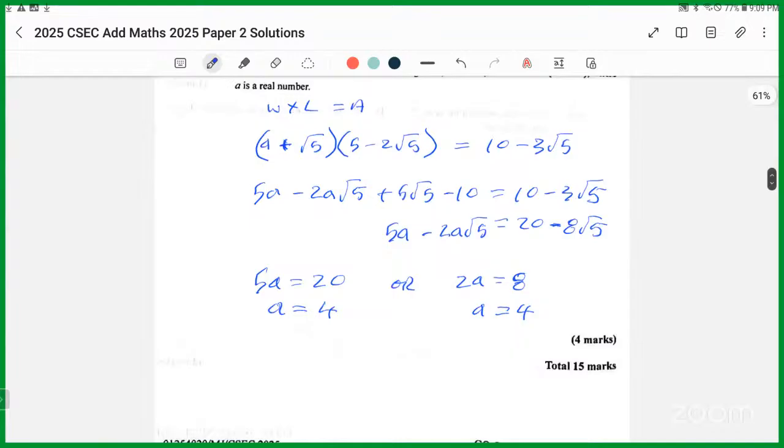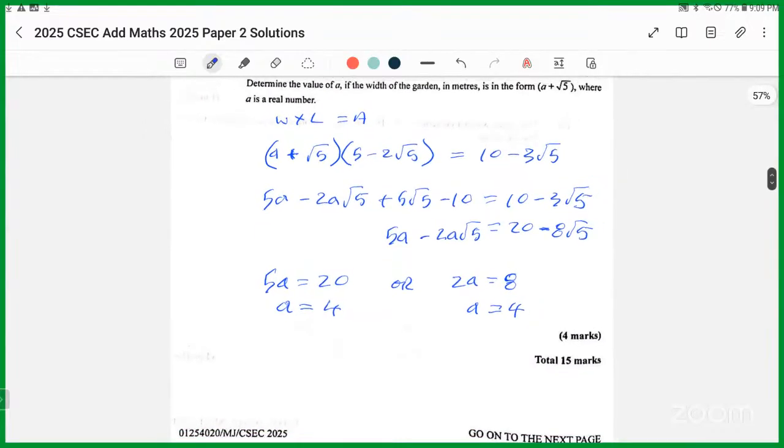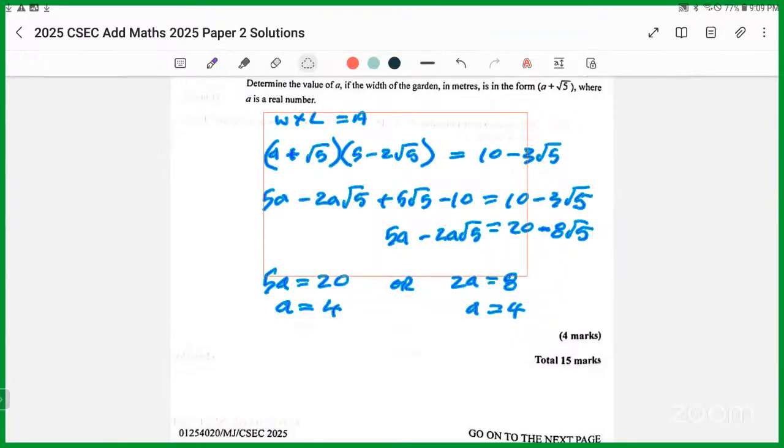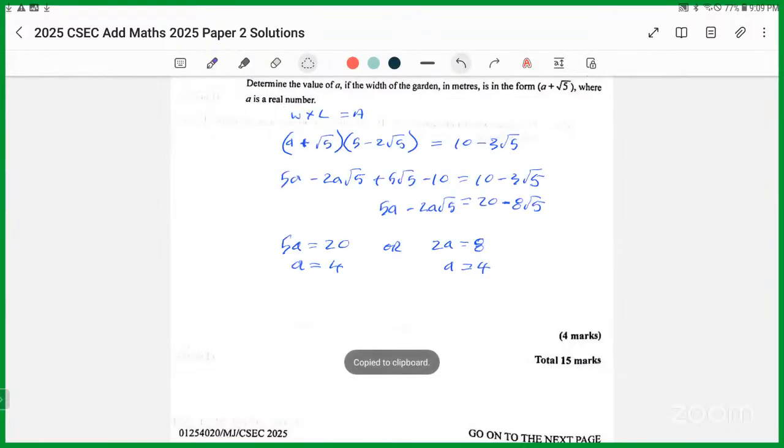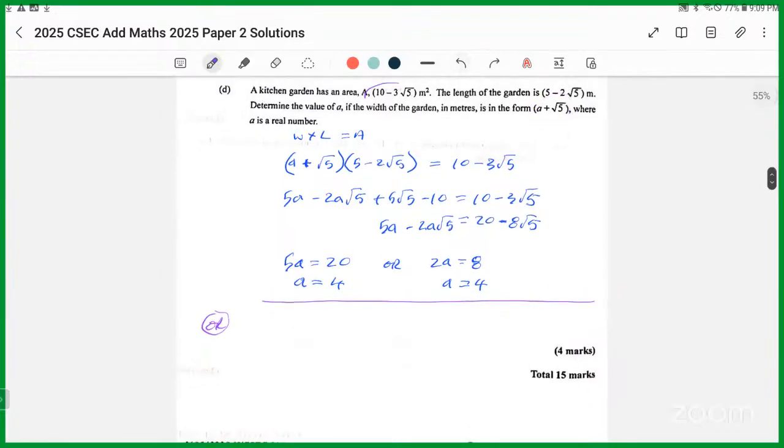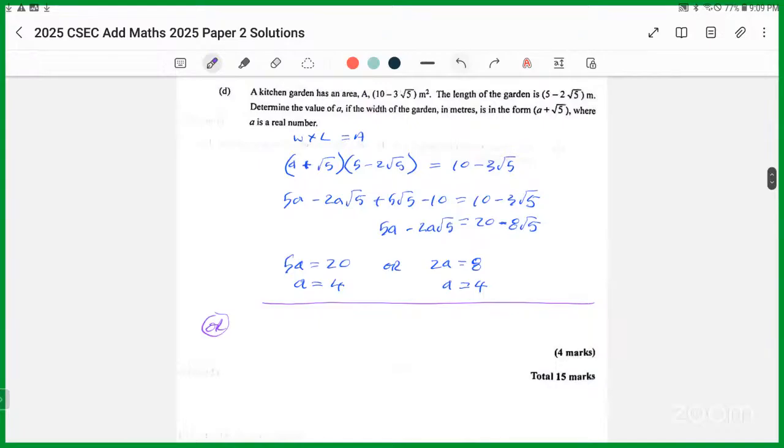But I feel like I want to do this another way. That method I used first was easier, but the other method is to divide. It came to my mind, so I'm going to do it this way. We could say the width is equal to the area divided by the length.